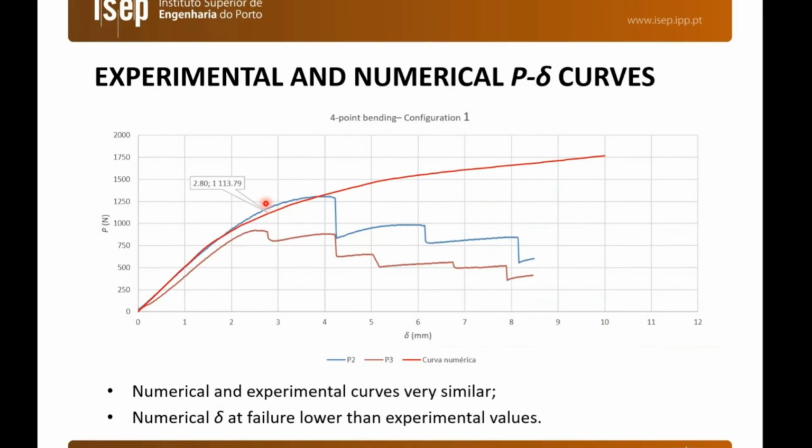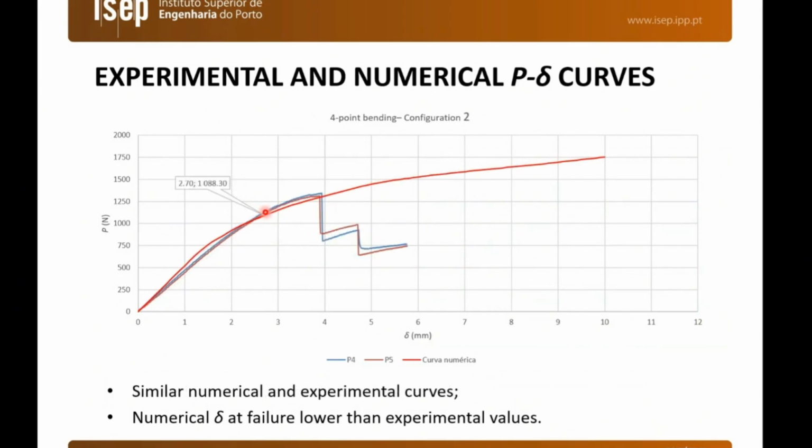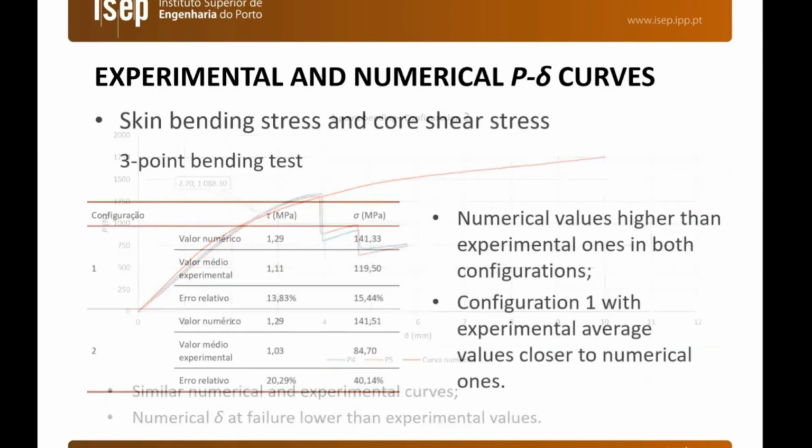On the other hand, we have a slightly lower displacement than we observed experimentally. This is the last configuration that we tested, the 4-point bending configuration with skin configuration 2. Here we also had a small underprediction of the maximum load, but a good representation overall of the curve.